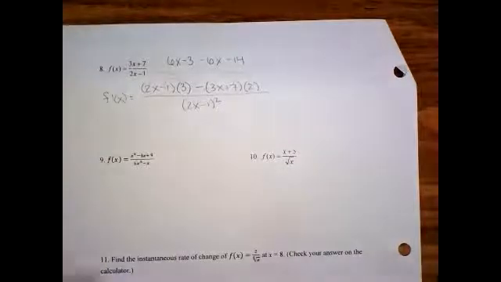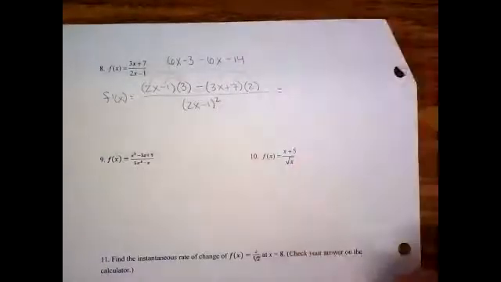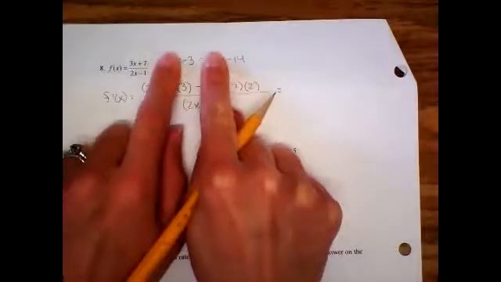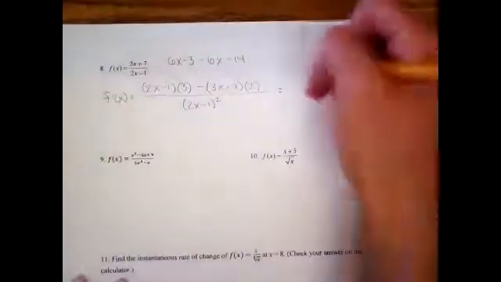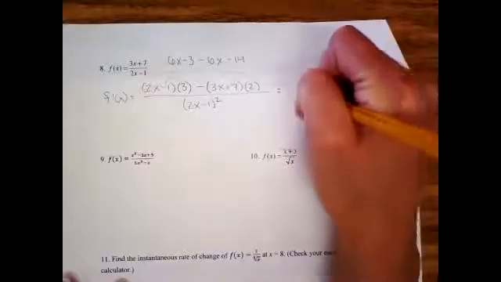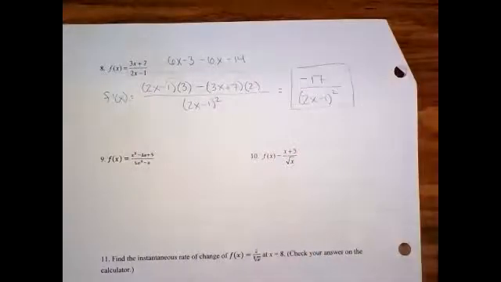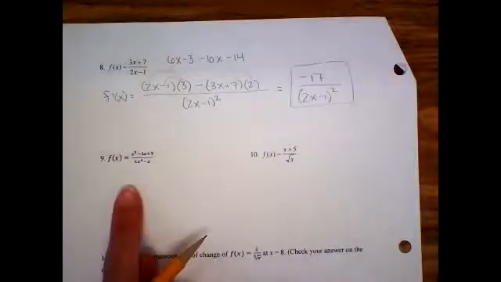And so what's going to happen there? Yeah, 6x's cancel. You have negative 3 and negative 14, so it'll be negative 17 over that denominator. This one we're not going to distribute and simplify down.